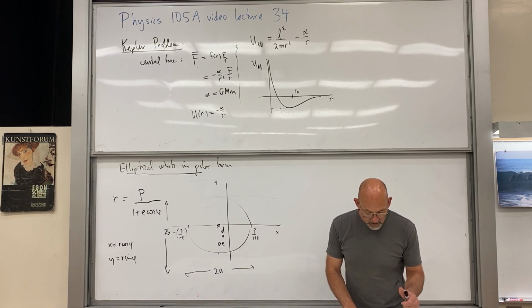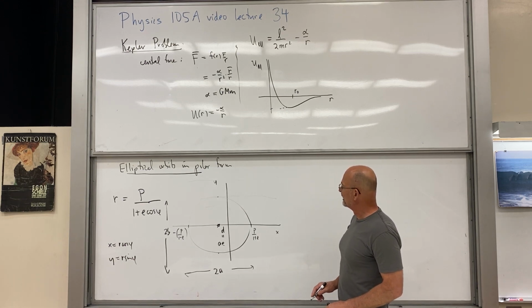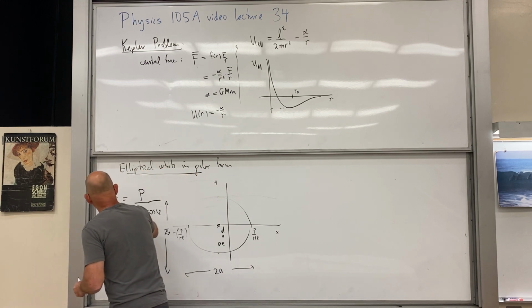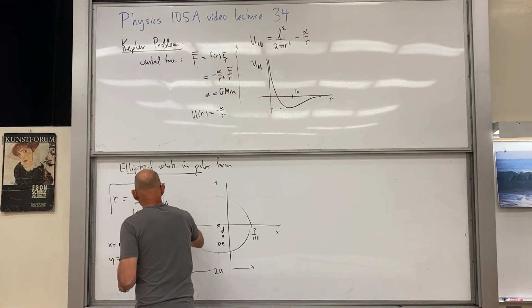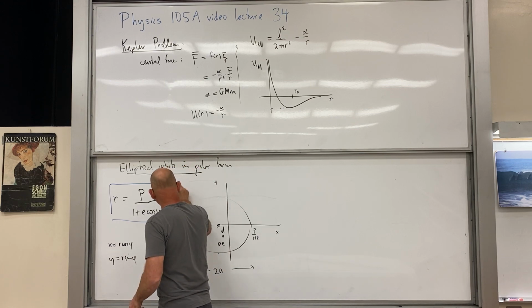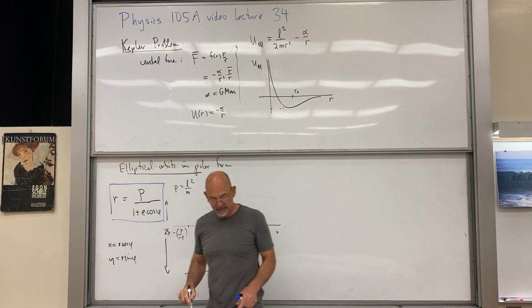Good, and I'll put these definitions here. P was L squared over m alpha.